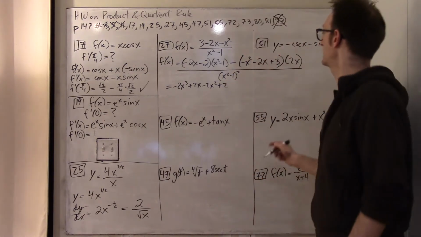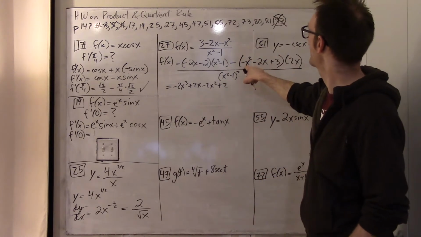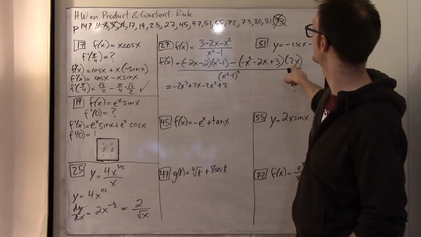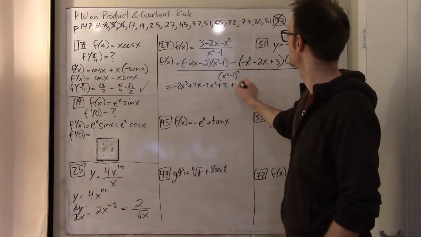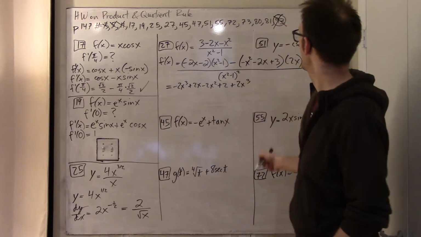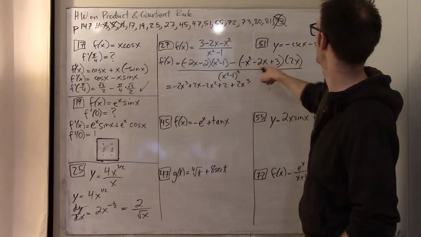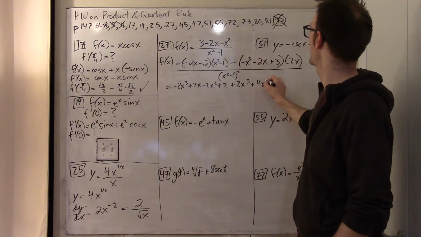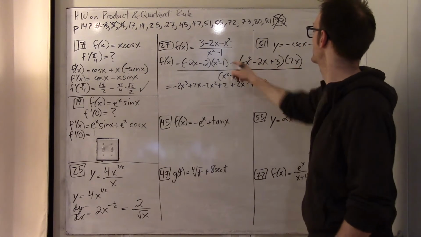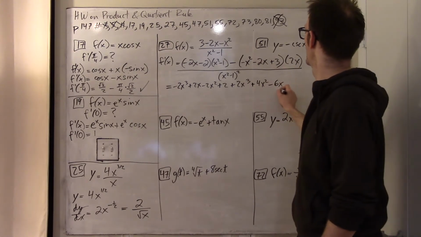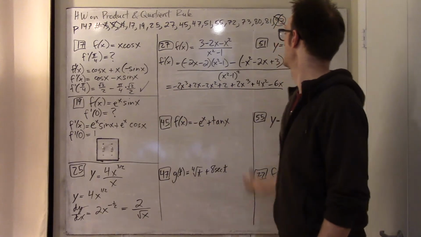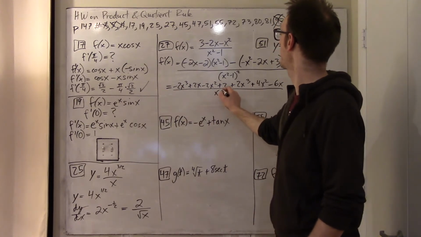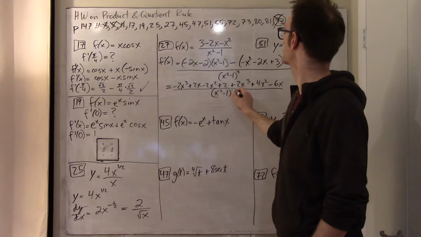And then here, let's try to not mess this up, I'm going to get negative 2x cubed, but there's a minus here, so plus 2x cubed. And then minus 4x squared, but there's a negative, so plus 4x squared. And then plus 6x, but there's a negative, so minus 6x, all over x squared minus 1 squared.